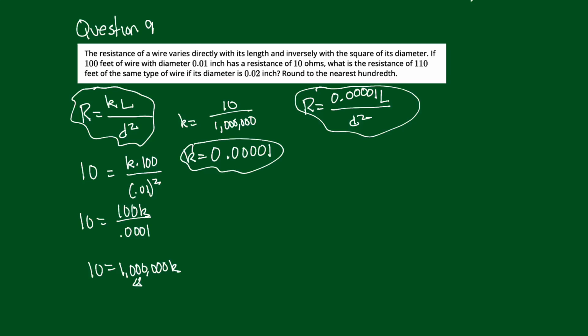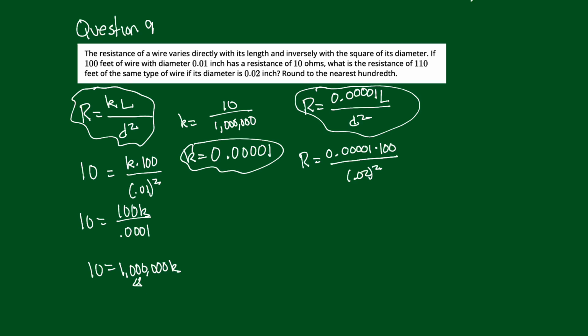And now here's what we're asked to do. Got all that. What is the resistance of 110 feet? Okay, so now I'm going to put 110 here if the diameter is 0.02. All right, so here's what I want. The resistance is going to be 0.00001 times, we got 100 feet of wire, all over the diameter, which is 0.02 squared.